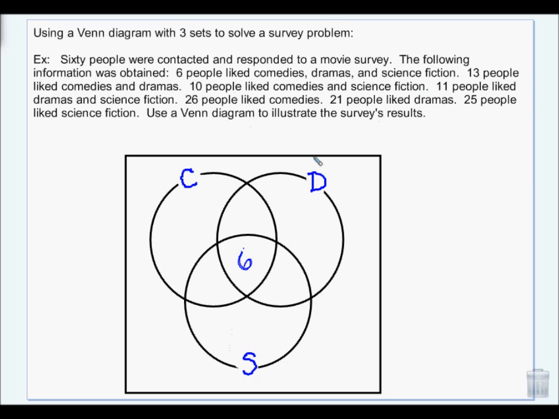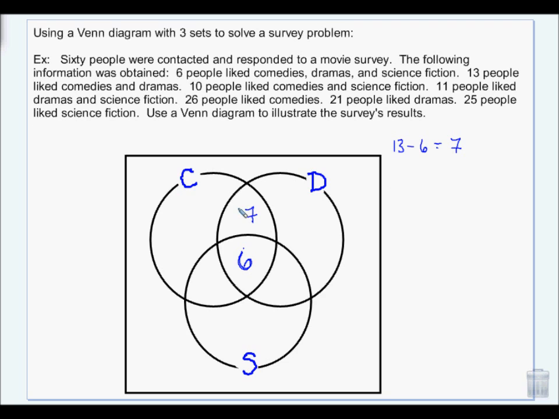13 people like comedies and dramas. So we have comedies and dramas. This football has to have 13 in it. So we get 7, because 7 plus 6 is 13.